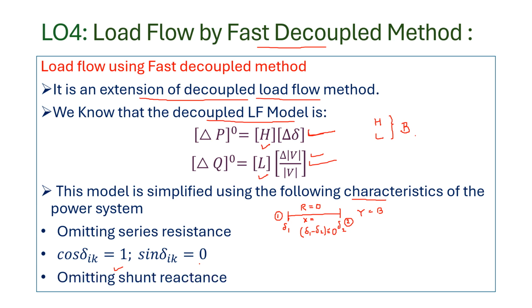Then the third assumption is omitting the shunt reactances. If there are any half line charging admittances of the transmission line, they are neglected. Moreover, if there are any FACTS devices like SVC, static var compensator or others, their reactances are assumed to be 0. That further simplifies the computation of this susceptance matrix.